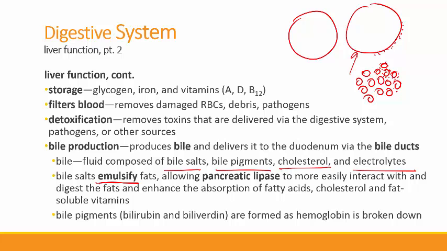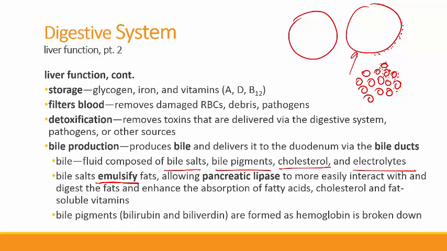So if you buy a creamy salad dressing, that is a salad dressing to which an emulsifying agent, often lecithin, has been added to help ensure that the fat remains in tiny little globules rather than reforming into large globules that then float to the surface of the salad dressing.